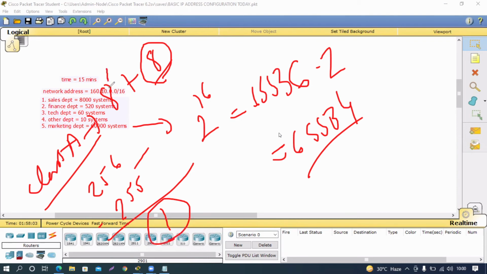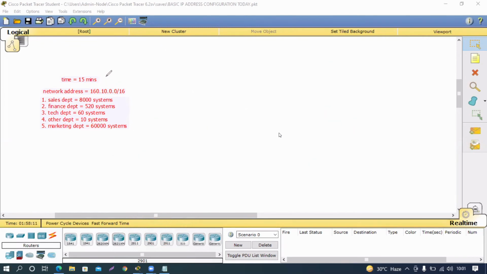So 10 plus 1 is 11, right? In this second octet, the block size will be 1, because all the 8 bits, you are having 1, 2, 3, 4, 5, 6, 7, 8, these are the first octet, right?